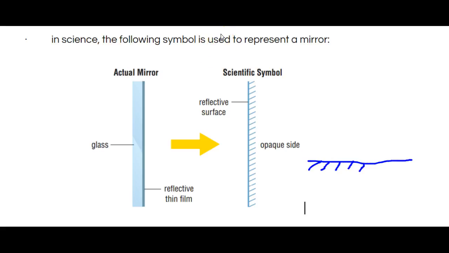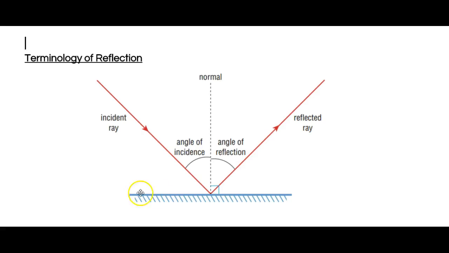Well, let's see if you got this right. My incident light would be coming this way and hitting, because this would be the front surface of the mirror, and right back here is the opaque side, the behind the mirror part. So hopefully now when you look at this mirror, you can see that this is a plane mirror, it's flat, and that those hatch marks tell you it's a mirror.